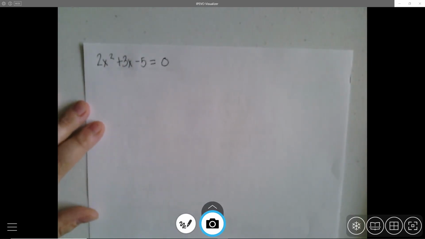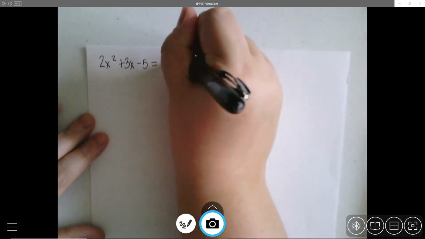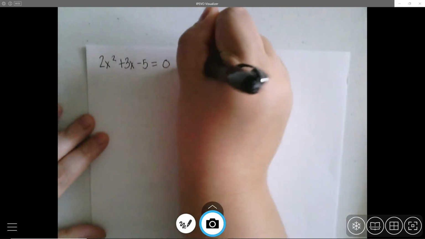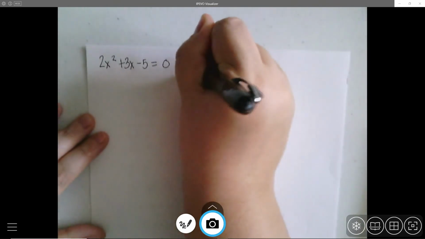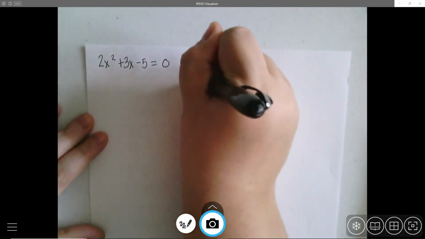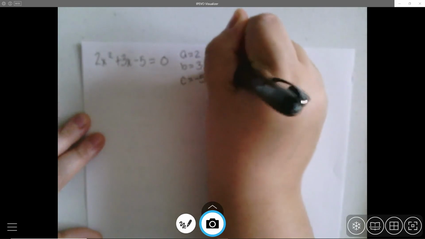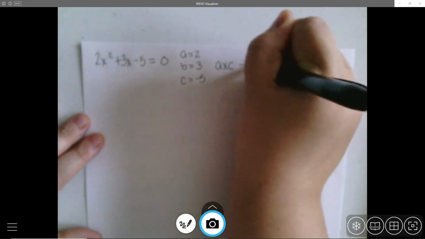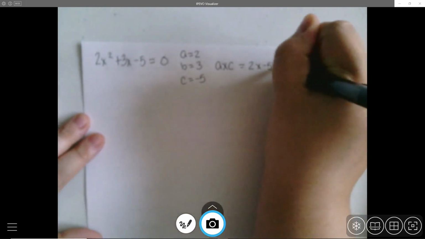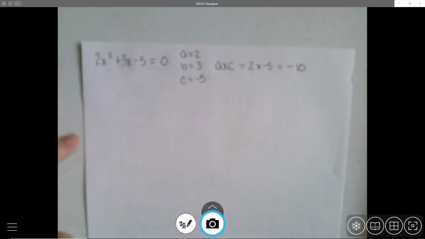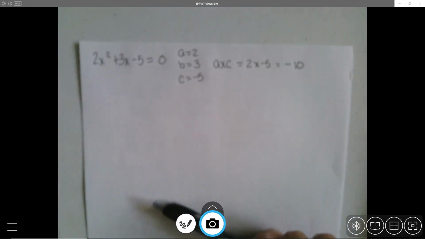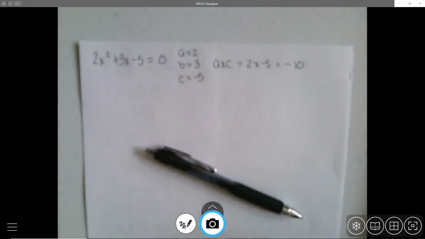When A does not equal 1, once you check for GCF, the next step was to multiply A and C. Well, A is 2, B is 3, and C is -5. A times C would be 2 times -5, which is -10. You're going to then write the factors out of that -10.